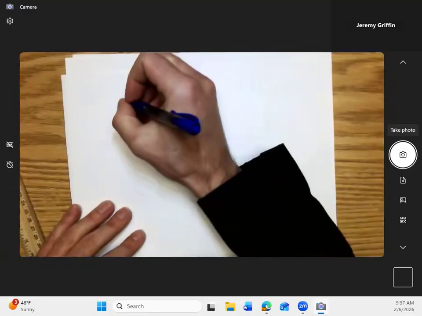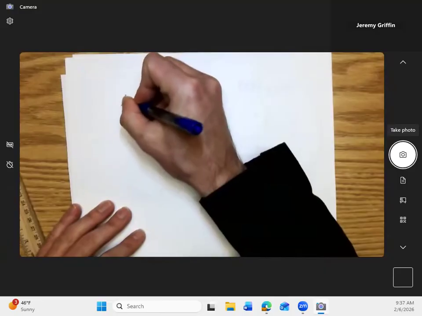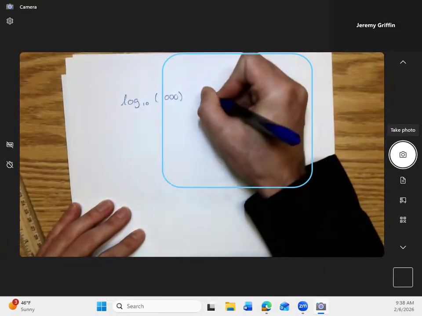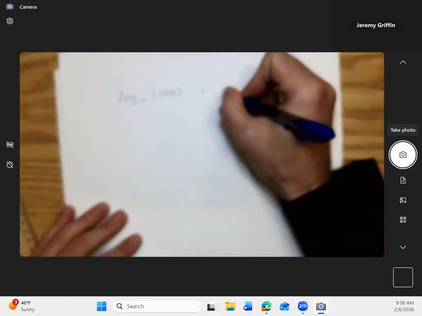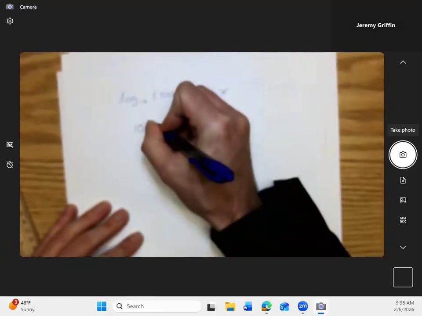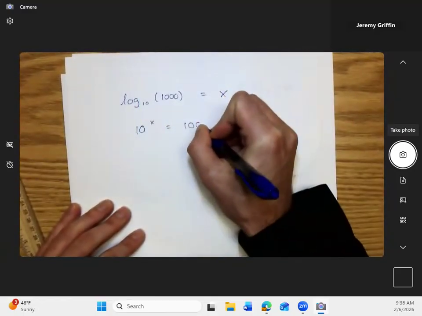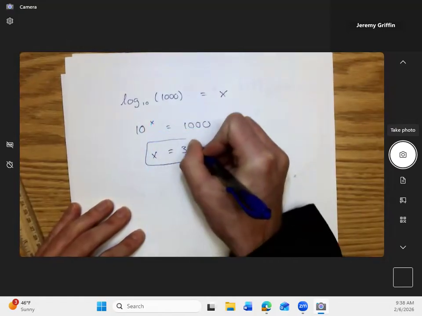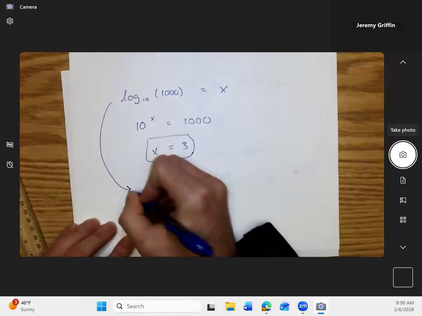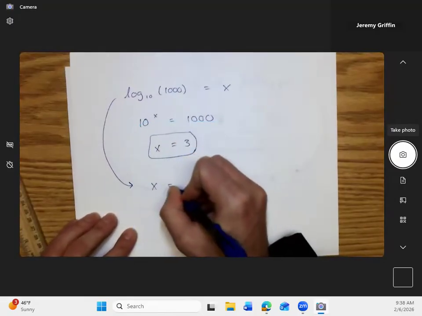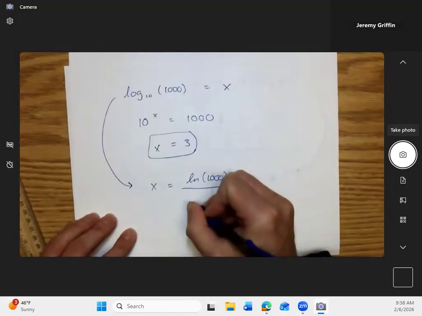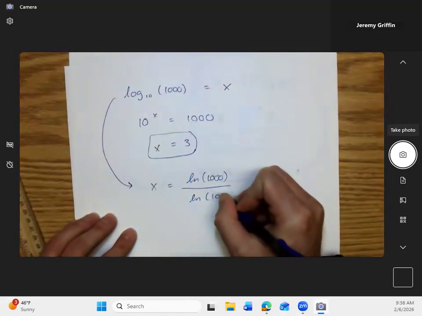Could I have done that with the first one? You know the first one was log base 10 of 1,000. Same process: I could rearrange that as 10 to the power of what is 1,000, so x is 3. Or I could have said natural log of 1,000 over natural log of 10.